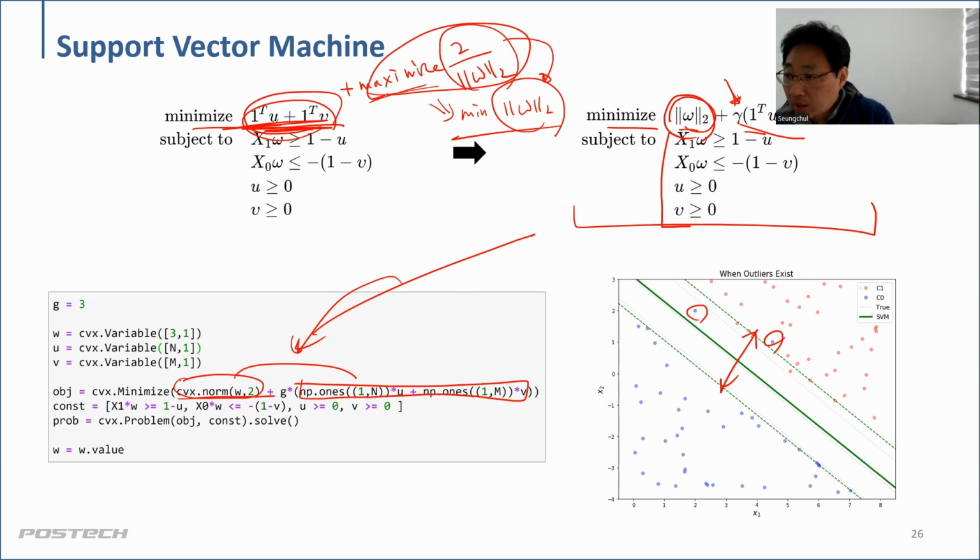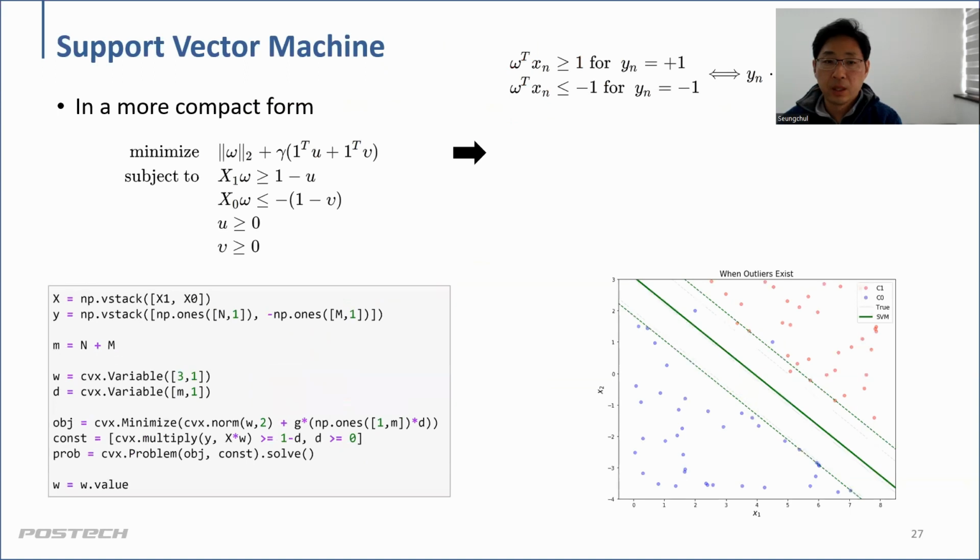You can do this at home: by changing these gamma values, you can see whether your classification boundary, or band, gets smoother, narrower or wider. You are supposed to do this by yourself at home.